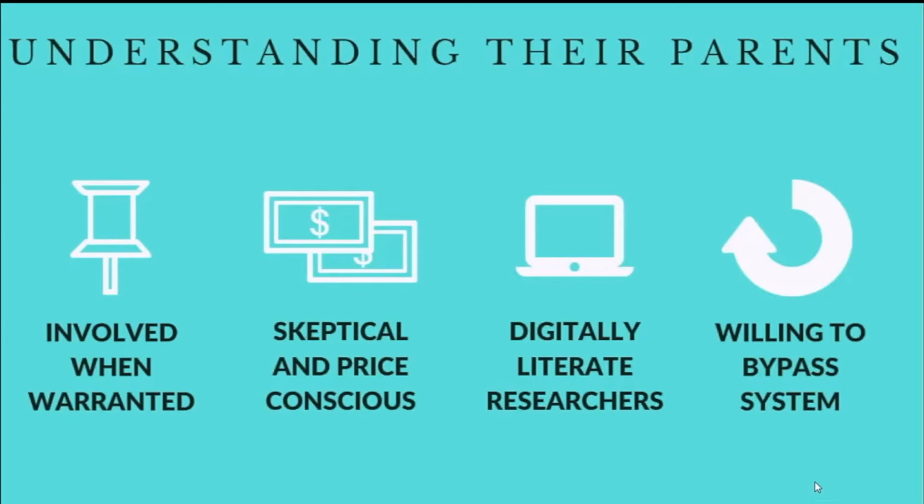So if there's a problem and they're just not getting heard and it's not getting fixed in the time that they're expecting, they're very willing to go to the top. Those are the presidents of the universities or presidents of organizations, and using social media and the internet to really make their voices heard. So those are some of the unique characteristics of the parents of Generation Z compared to the parents of millennials.